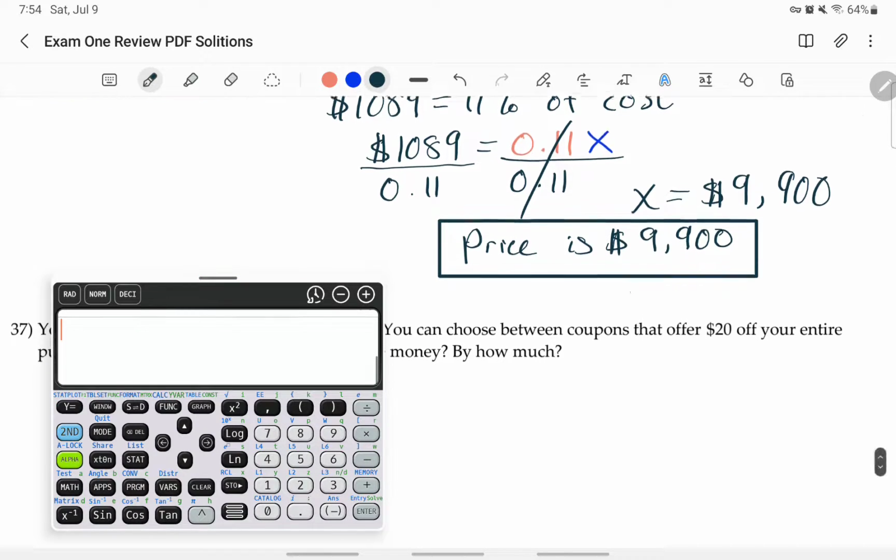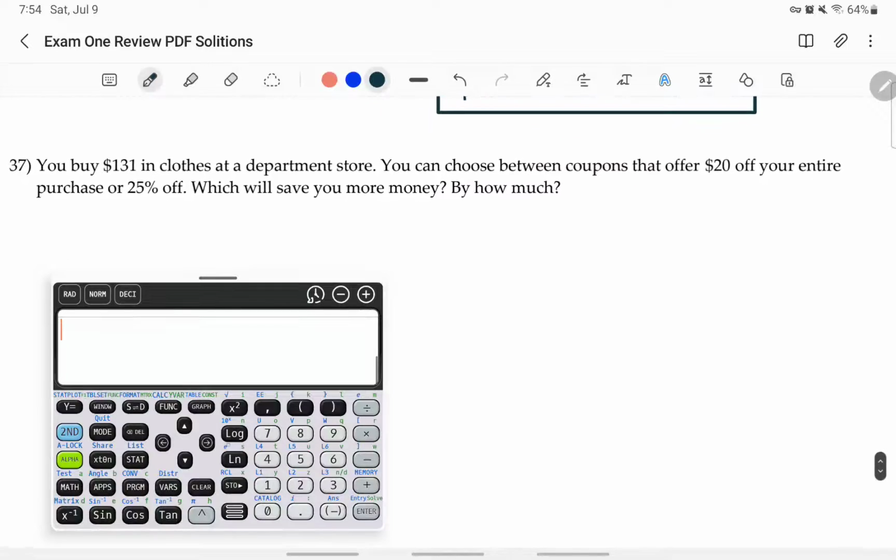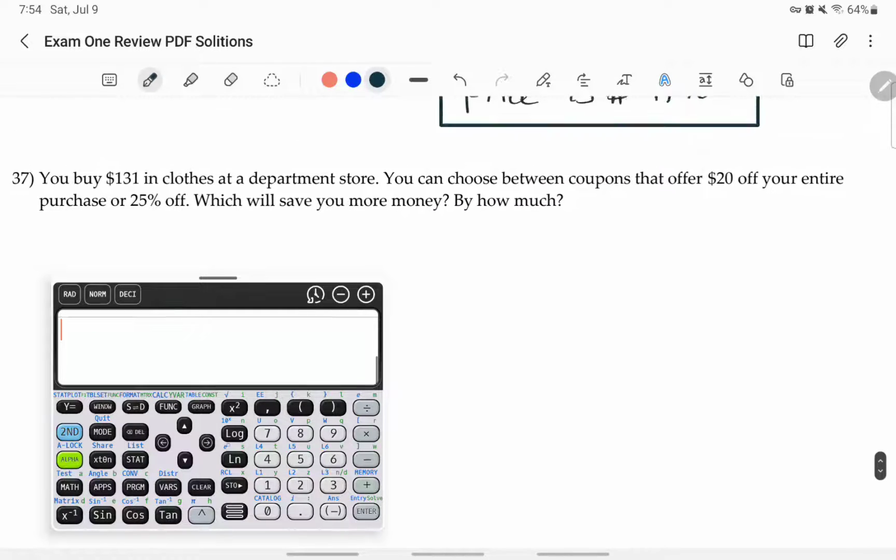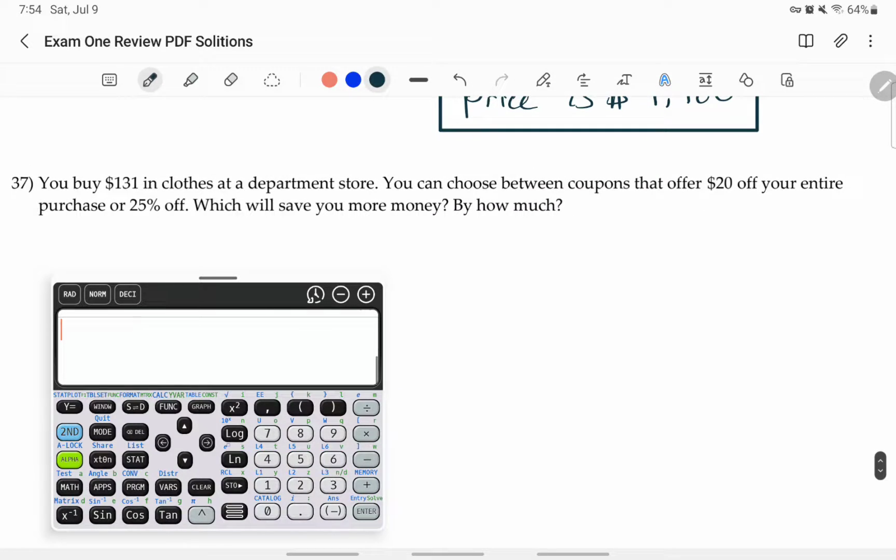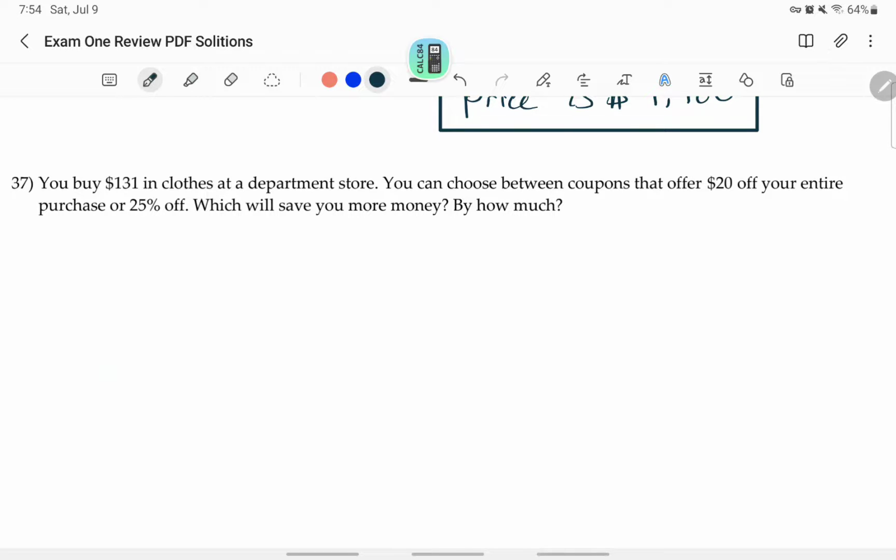All right, number 37. This one is one of my favorite ones. You buy $131 in clothes at a department store. You can choose between a coupon that offers $20 off your entire purchase or 25% off. Which will you save more money? By how much?